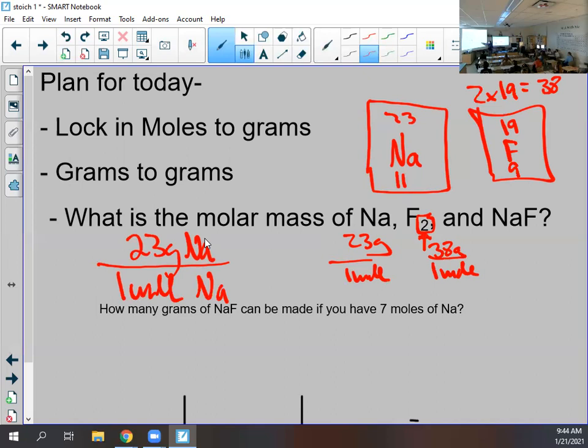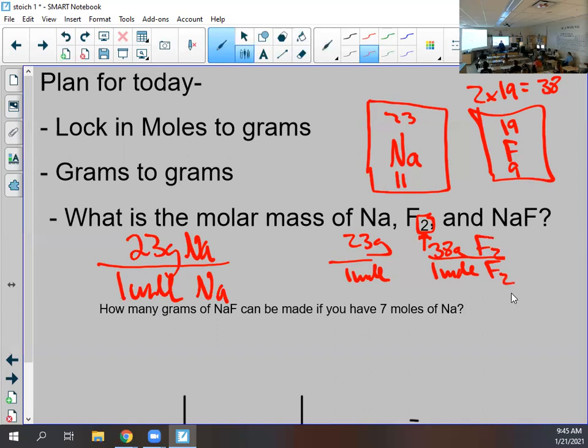Grams are always per 1 mole of the same thing. So technically this would be 38 grams of F2 for every 1 mole of F2.